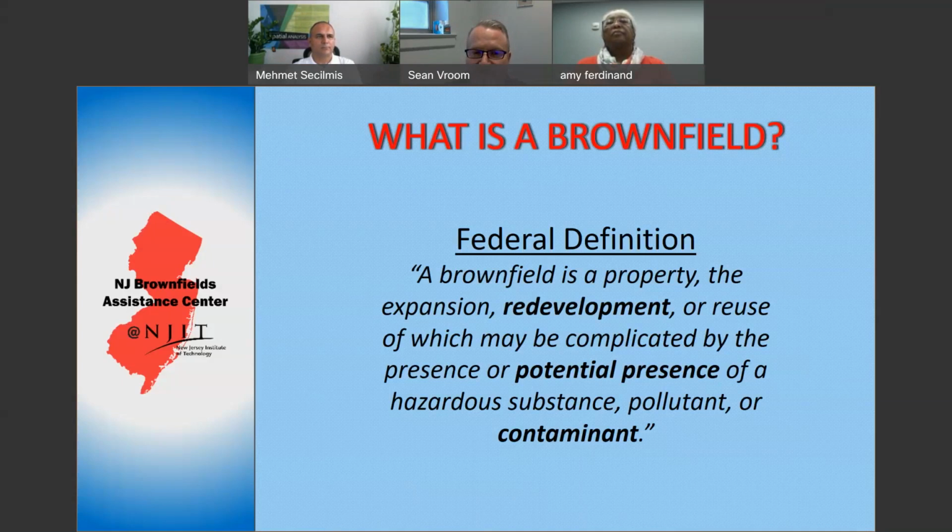However, those perceptions do prohibit it being put into a better use. So with that, what I'm going to do is turn it over to Mehmet, who's going to go into GIS and remote sensing.